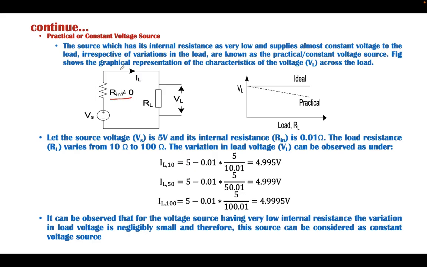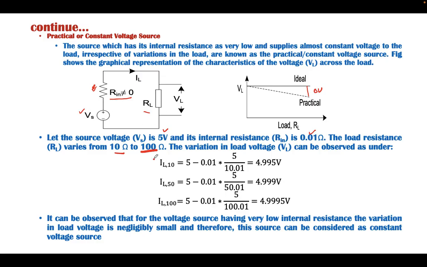Hence, when a load is connected across this circuit, some voltage drop will take place across this internal resistance as well, and let's consider that voltage drop as delta V. In order to prove that the output voltage is nearly constant, let me consider the voltage of the source as Vs, the internal resistance of the source as 0.01 ohm, and the load varying from 10 ohm to 100 ohm, 10 times. Hence we can find the voltage across the load RL.